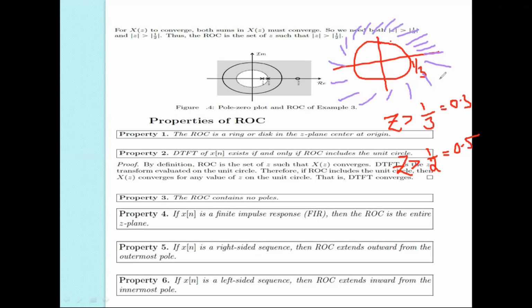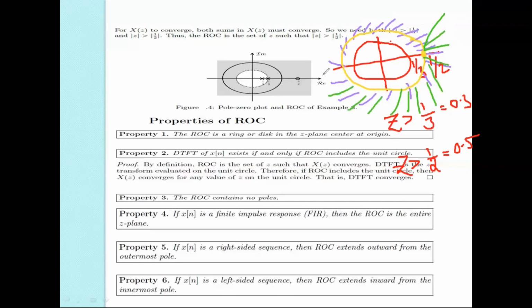Now I am checking the other circle here. What is the ROC here? The ROC for 1/2 means outside the circle.